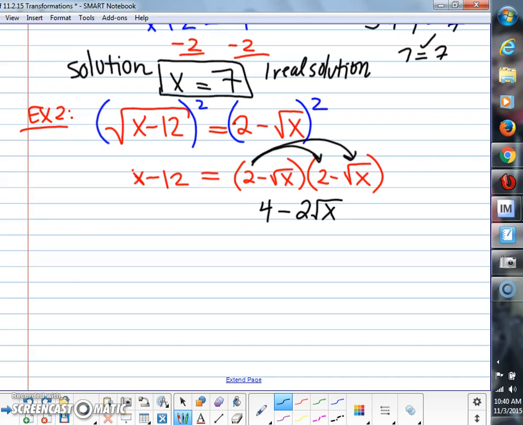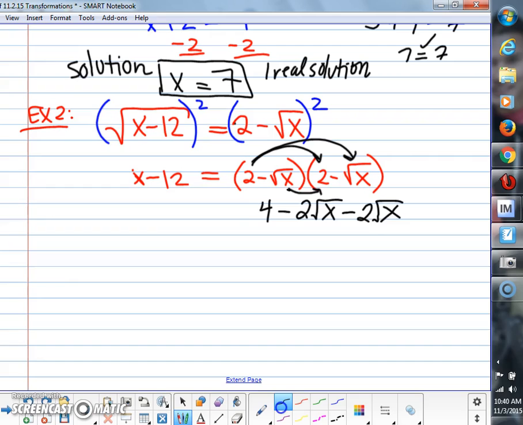Okay, that's new for you guys, right? But it's just like if it was an x. 2 times the negative x would just give you negative 2x. It just so happens that this has a radical on it. And then the next thing is negative square root of x times 2, which gives you negative 2 square roots of x. Good.